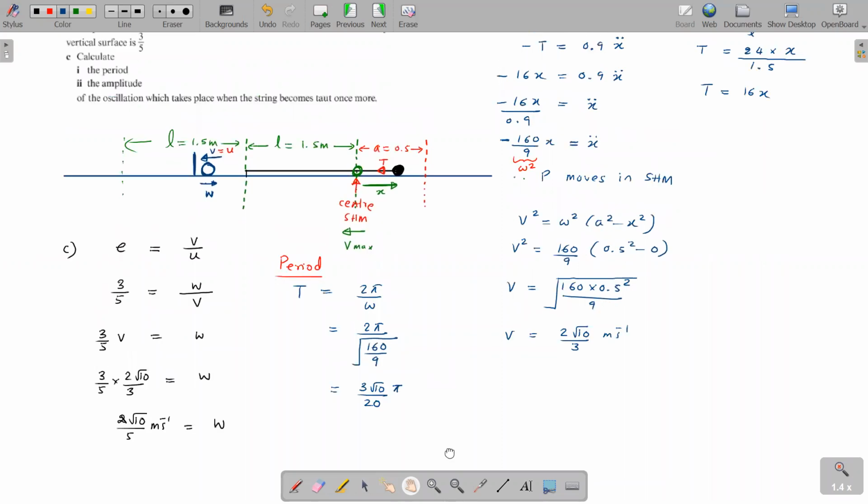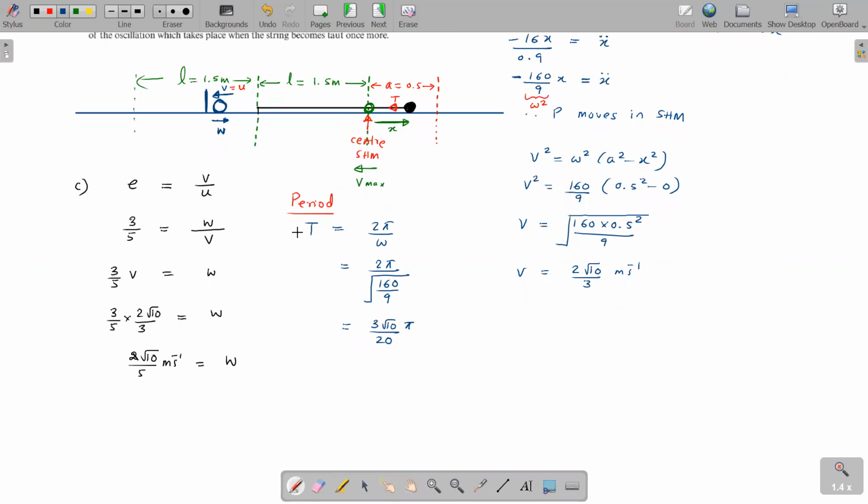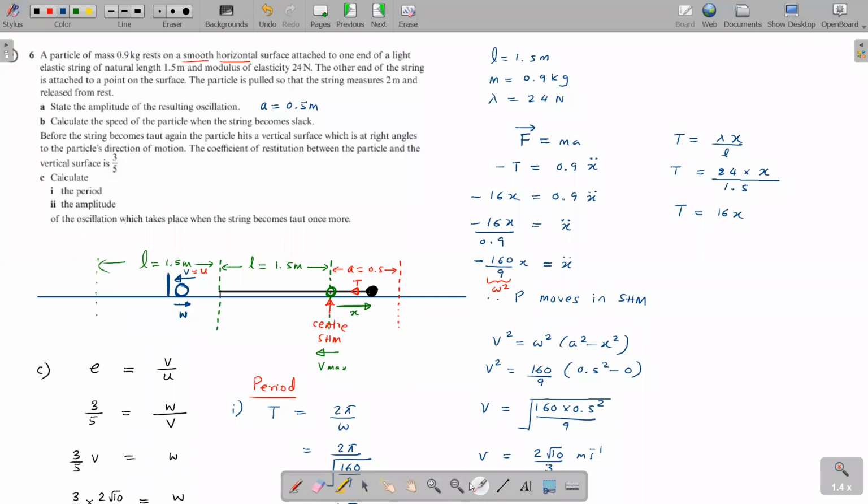And then the next part they wanted to find is the amplitude, part 1. So what about the amplitude? They are asking to calculate the period, which is done, and the amplitude of the oscillation which takes place when the string becomes taut once more.